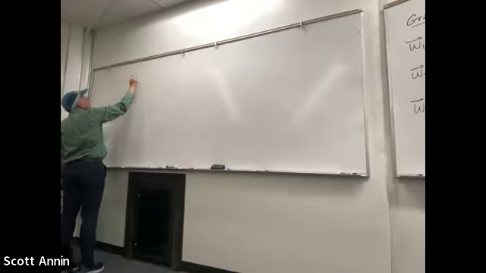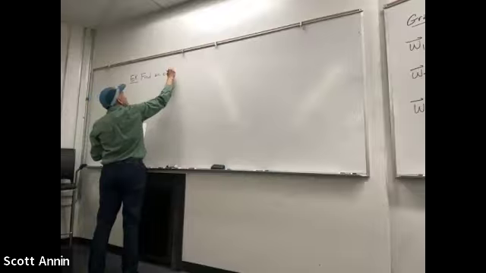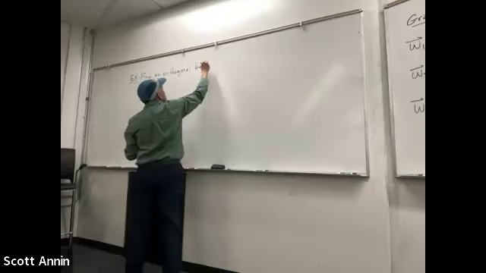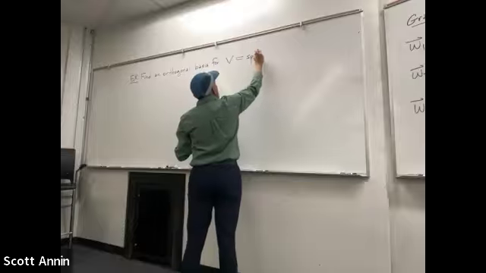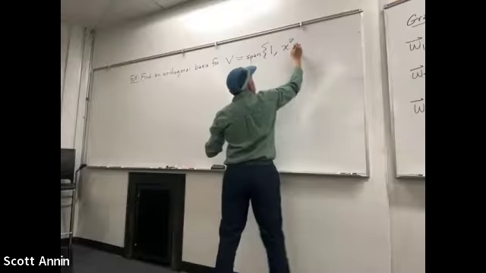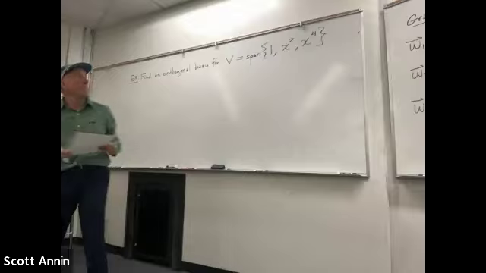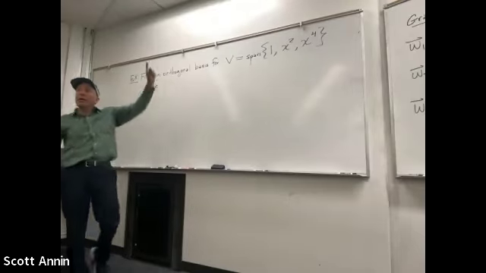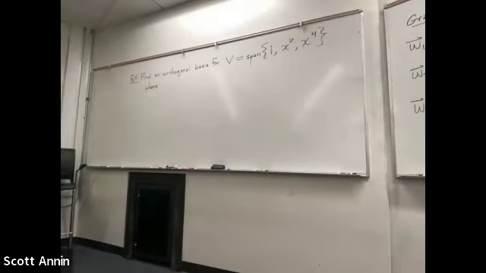Example. Find an orthogonal basis for V, which is equal to the span of 1, x squared, and x to the 4th, where, okay, on a problem like this now, guys, at this point, I must tell you the formula for the inner product.